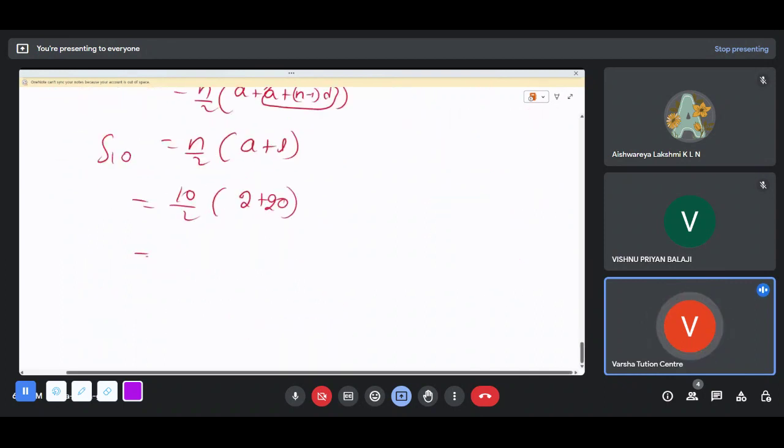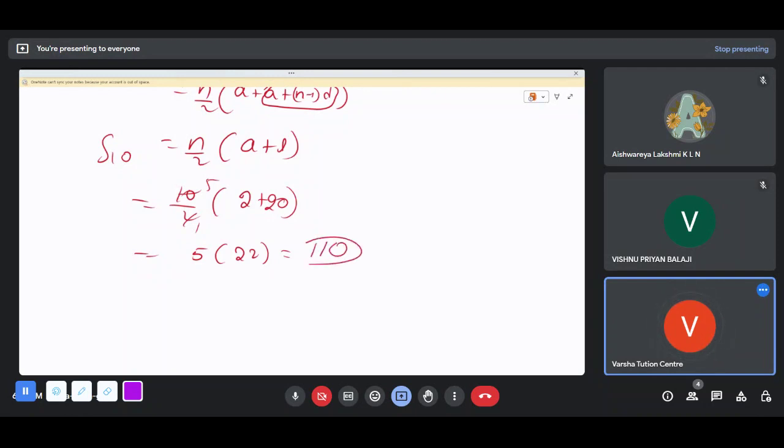From here, 2 ones are 2, 5 into 22. How much is the value? 110. Is this clear? This concept also? Any confusion in this?